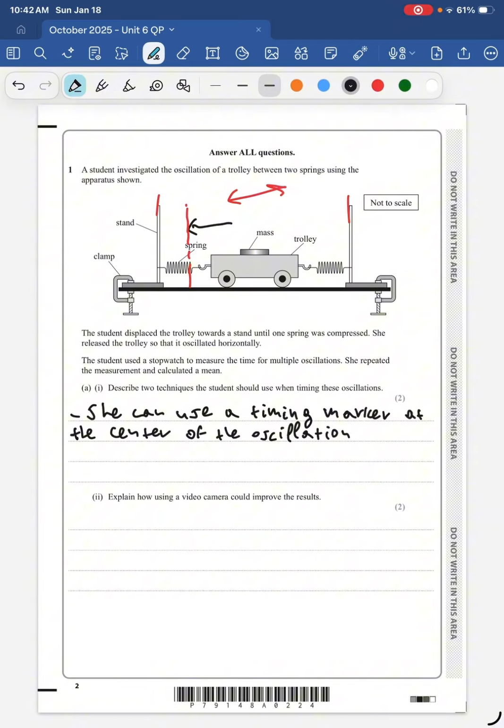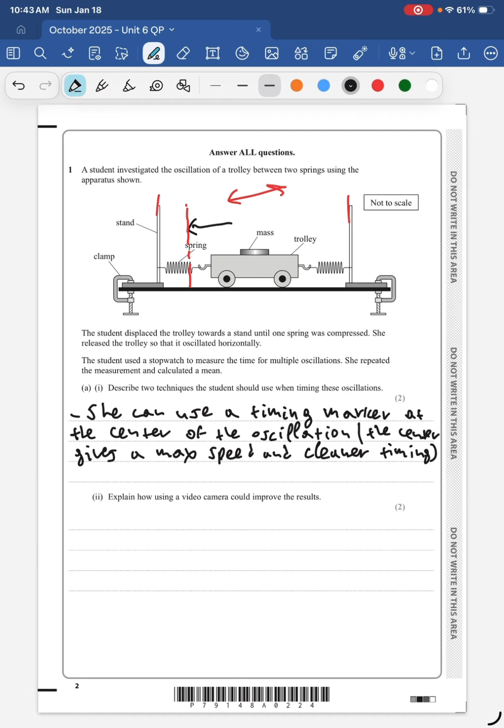Okay, that's one thing, and this is done because the center gives a maximum speed and cleaner timing.